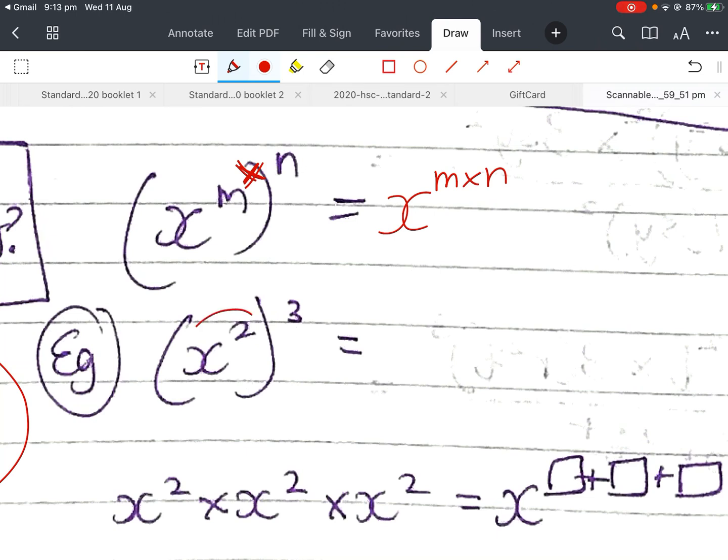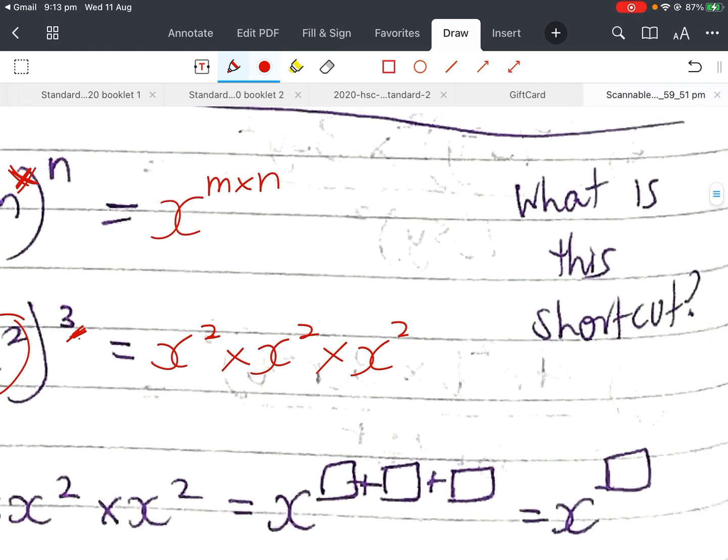He said, right, this is on the inside of the brackets, so that means we're going to write them down as many times as that little number on the outside. So that means I'm going to write down x squared 3 times, because that's a 3, and then because I'm multiplying, the rule is that I add the indices, so I'm going to add 2 plus 2 plus 2, which hopefully means I get 6.